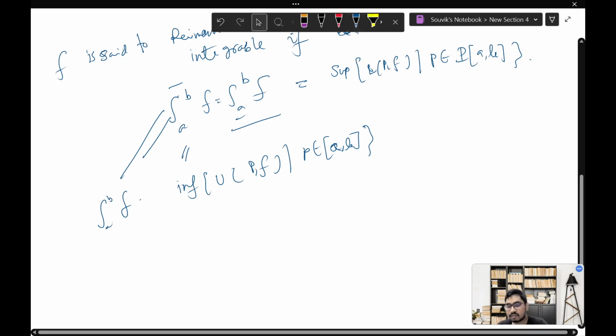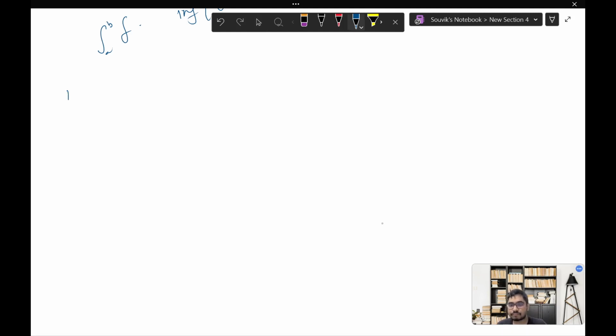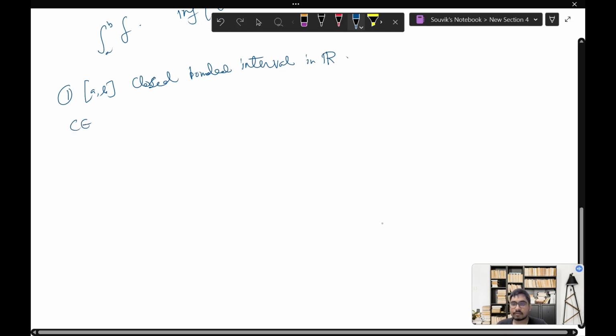Yeah, that's it. So let's get started with an easy example. Let's consider [a,b], a closed bounded interval in R, and let c belong to R be fixed.